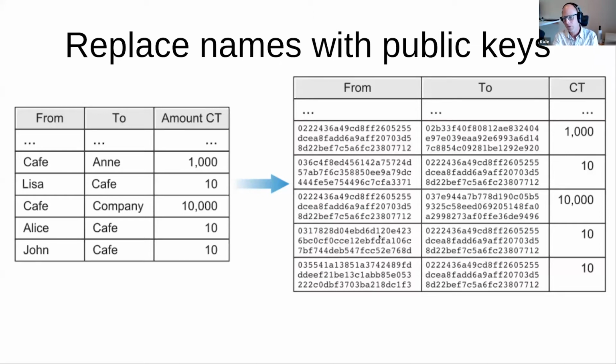And when we have done this, you can see that it's not as obvious who is who in this spreadsheet. You don't know who Alice is, or even if Alice has done anything in this spreadsheet. So we're going to replace the names with public keys in the spreadsheet to improve privacy for users.